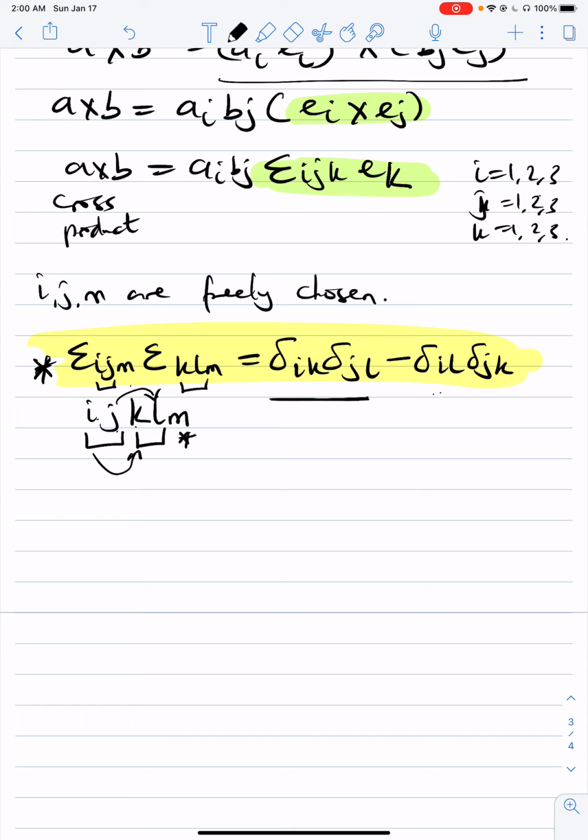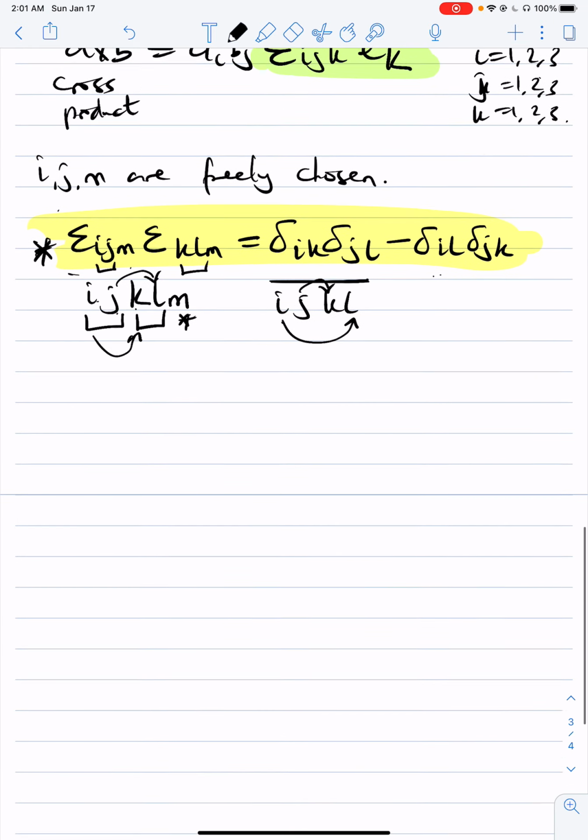It can be proven too, which I will do in a subsequent class. But it's a useful relation to know: the permutation ijm and permutation klm is equal to Kronecker delta ik times delta jl minus Kronecker delta il and delta jk.